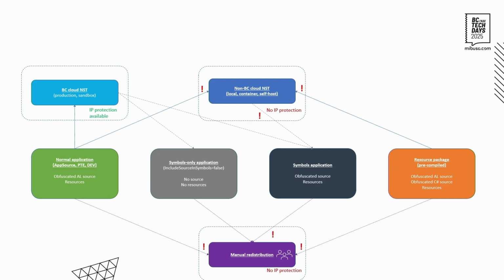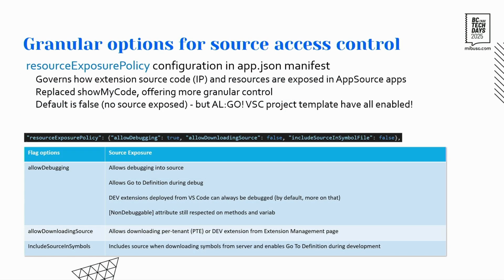And so let's talk a little bit about what you can do in SaaS to protect this. We have a property in the app.json of the file itself that we call resource exposure policy. And in that one, you can control whether the app can be used in debugging, whether it's possible to download source, or whether the source is included in the symbol files when you pull down symbols from the environment from, for instance, Visual Studio Code.